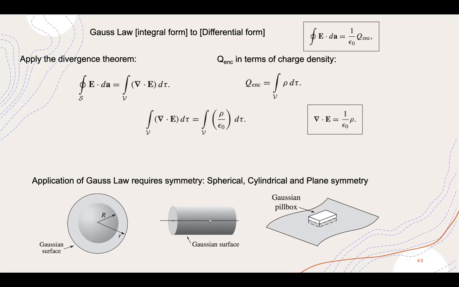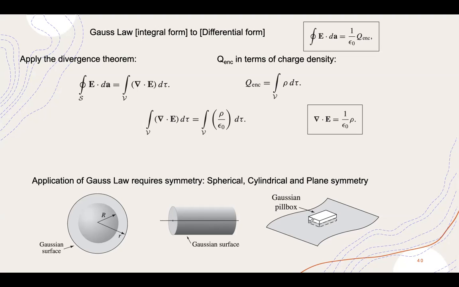Similarly, for cylindrical symmetry, like a line charge distributed along a line, you can draw a cylindrical Gaussian surface. This is the symmetry requirement for Gauss law. For a plane surface, we can have a Gaussian pillbox.